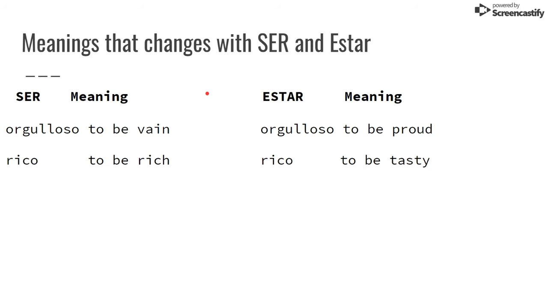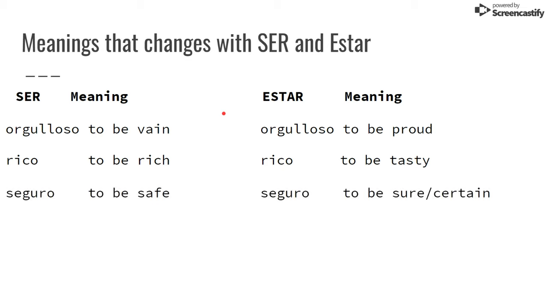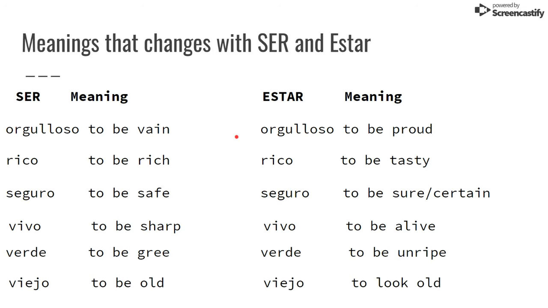Yo soy rico, I am rich, but the soup está rica, the soup is tasty. The city es segura, la ciudad es segura, it is safe, but yo estoy seguro, I am sure. Yo soy vivo, I am sharp, pero yo estoy vivo, I am alive.